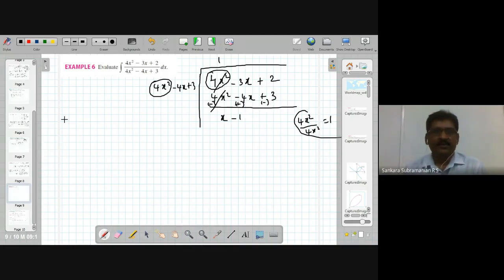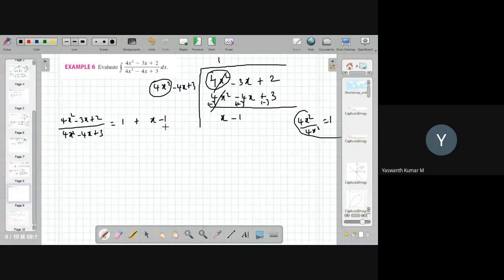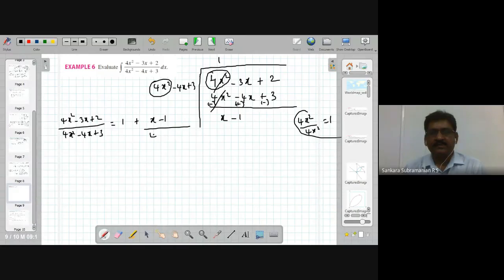So therefore the first step is actually 4x square minus 3x plus 2 divided by 4x square minus 4x plus 3 equal to quotient plus remainder minus 1 by divisor. இப்படி முதல்ல எழுதணும். இது வந்து ஆர்டினரியா இன்டகிரேட் பண்ணிடணும். இதை தான் இப்போ நம்ம பார்ஷியல் ஃபிராக்ஷனுக்கு எடுத்துக்கணும்.